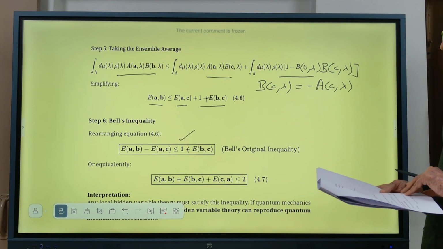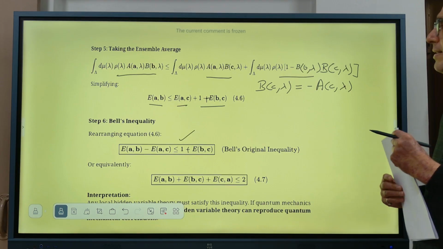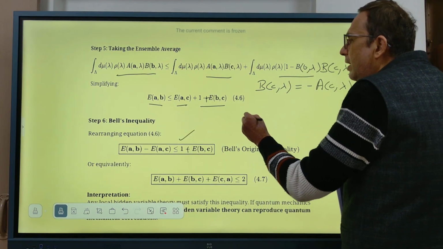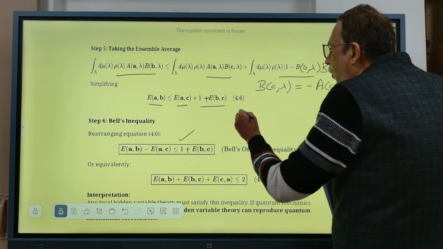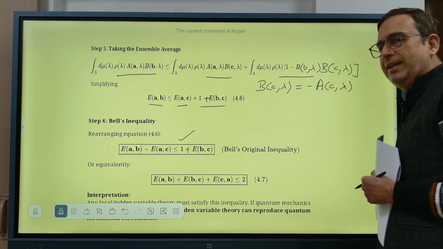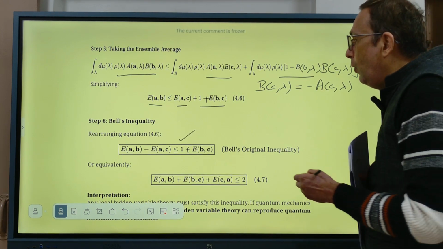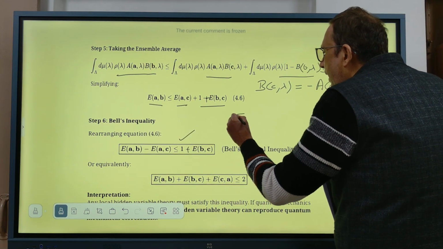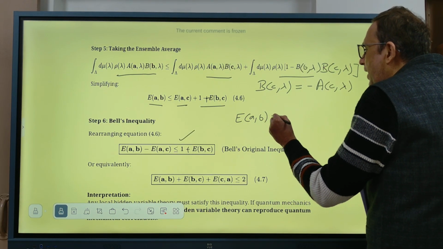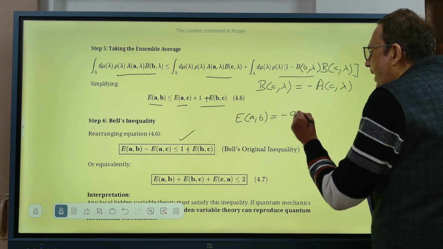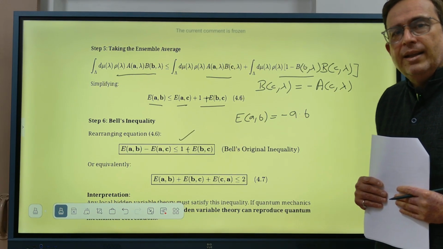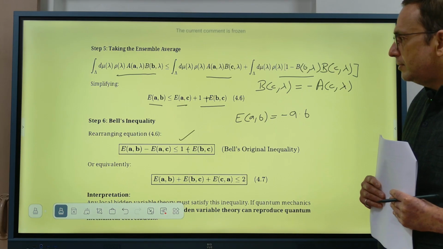And then you can see from here, in a singlet state, if we are measuring one spin in direction A and the other spin in direction B, then the correlation function EAB is always going to be equal to minus A dot B. That you can do as an exercise.